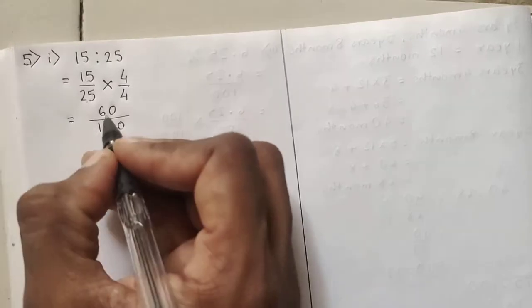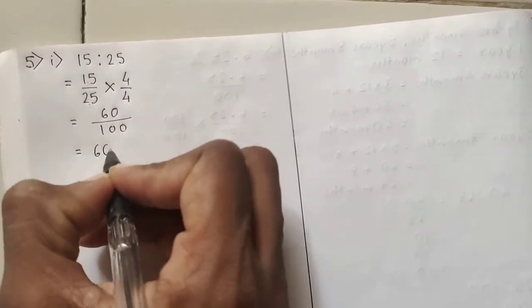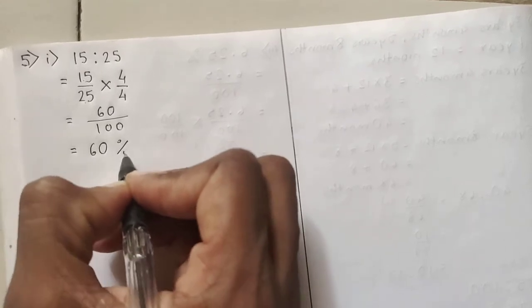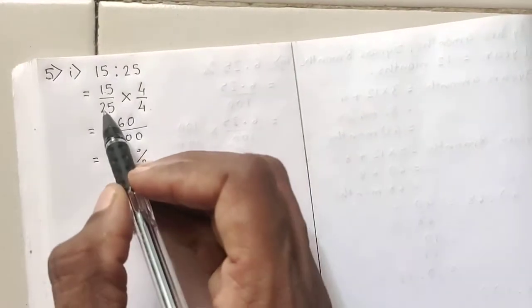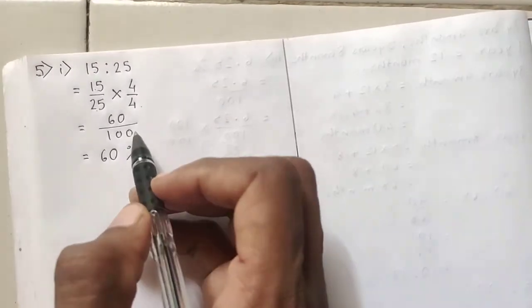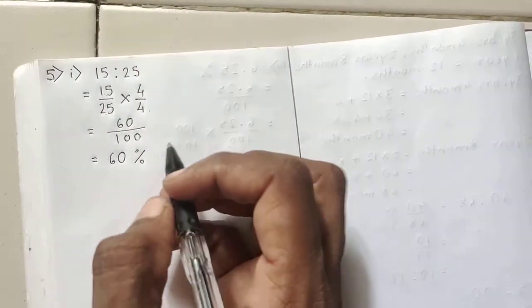So you got 60 upon 100, and you know 60 upon 100 is nothing but 60%. So in this case we multiplied and divided by 4, and after multiplication we got 60 upon 100, and with 100 in the denominator, this is the percentage, that is 60%.